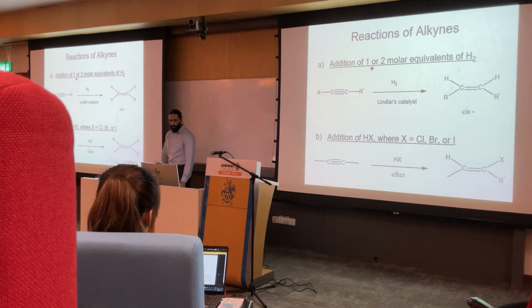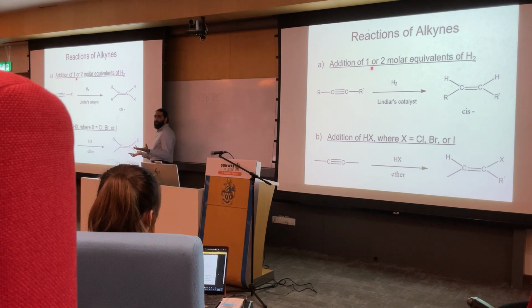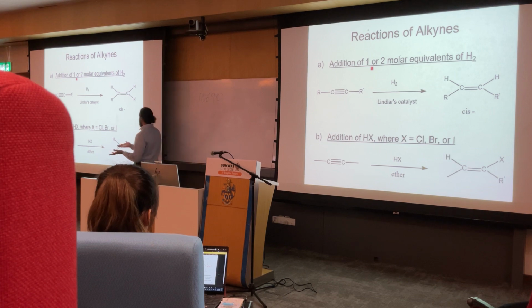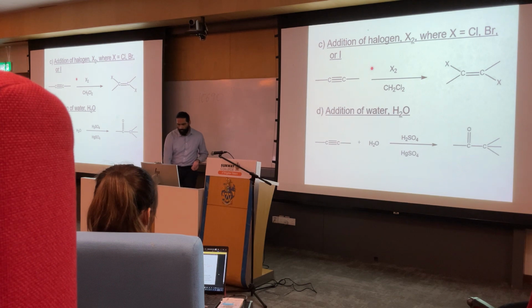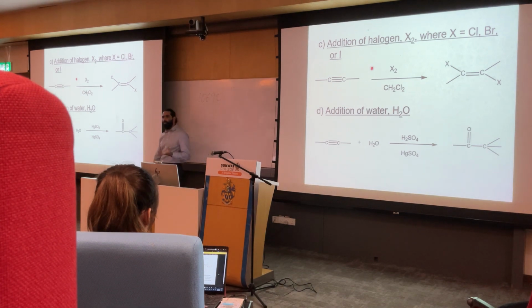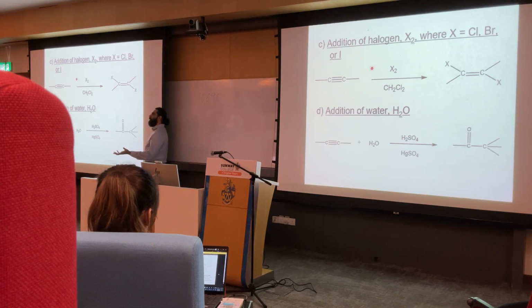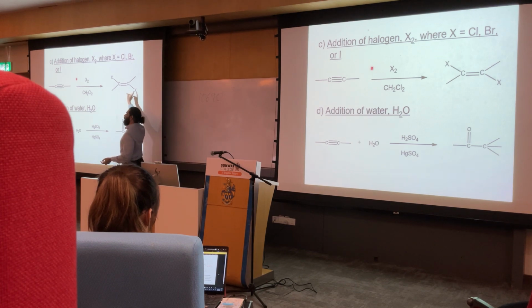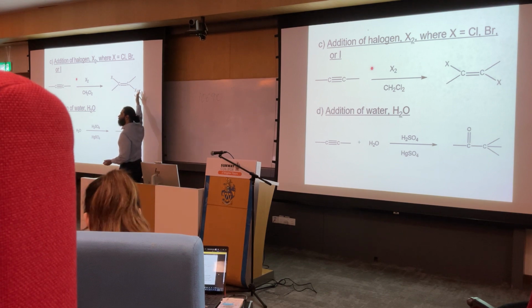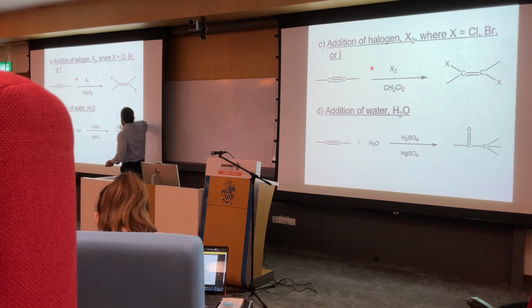Same reaction, no problem. Yes, we can add anything onto the alkyne like we did with alkenes. If we add water, we will get alcohol eventually. If we add hydrogen halide, we will get alkyl halide, just like that. We can use halogen, just like we did on alkenes, to get alkyl halides eventually. You can do it one time, you can do it two times to get a single bond there.